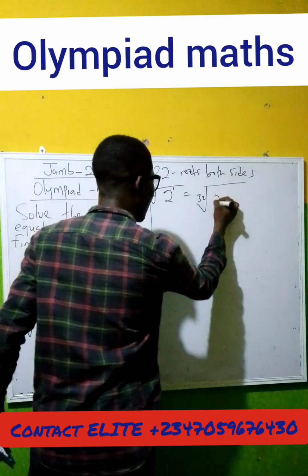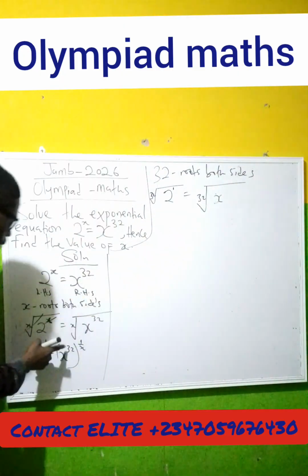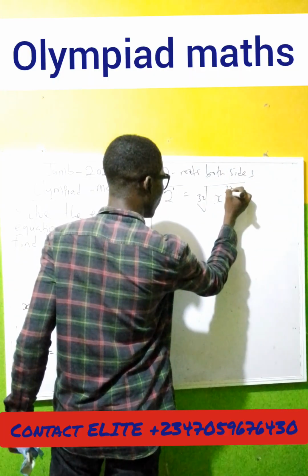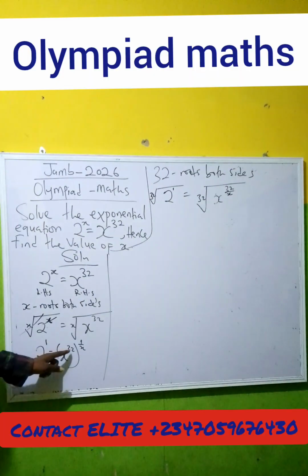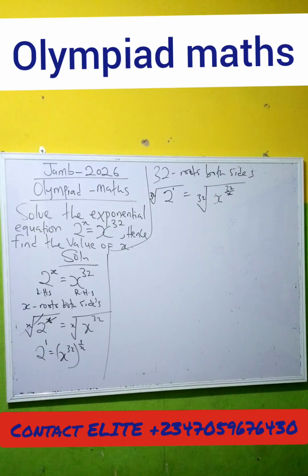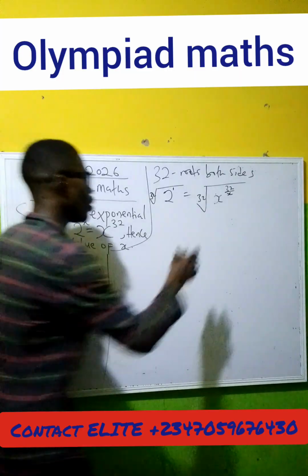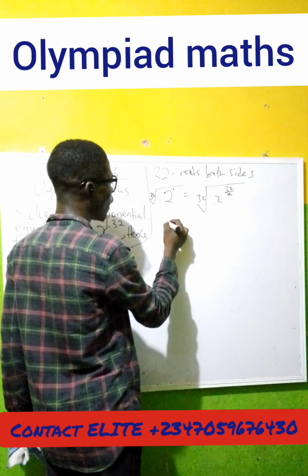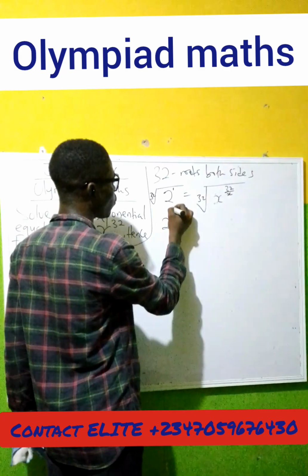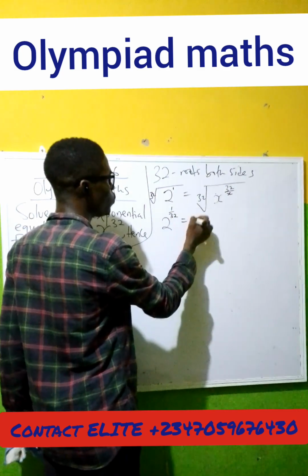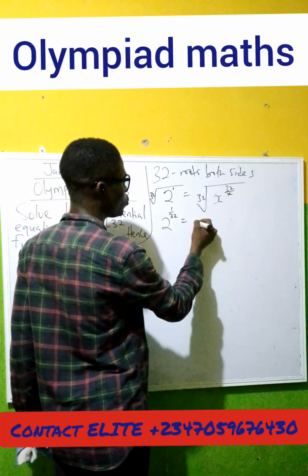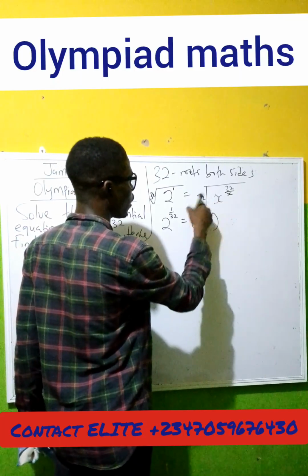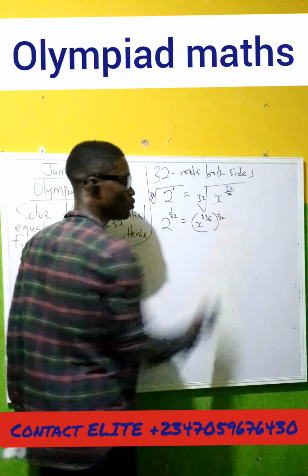So we are still having x raised to power 32 over x, because if you multiply this power by this one, you'll have 32 over x. It is still intact. Now translating this to index form, here you have 2 raised to power 1 over 32, which equals x raised to power 32 over x raised to power 1 over 32.